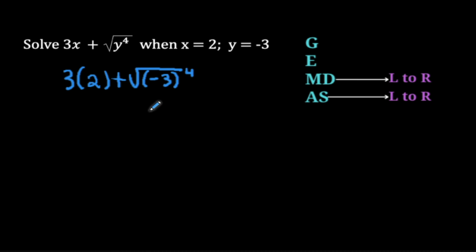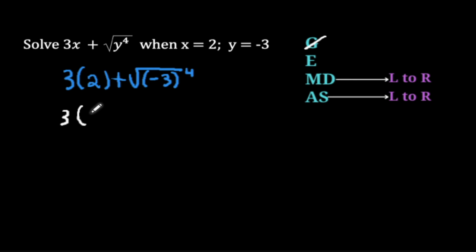So now let's perform our order of operations here. Here we have grouping symbols. So this square root you can treat as a grouping symbol, okay? So let's perform the operation within that. And specifically we have exponents. So we're taking this negative 3 and we're raising it to the 4th power. So let's bring everything else down.